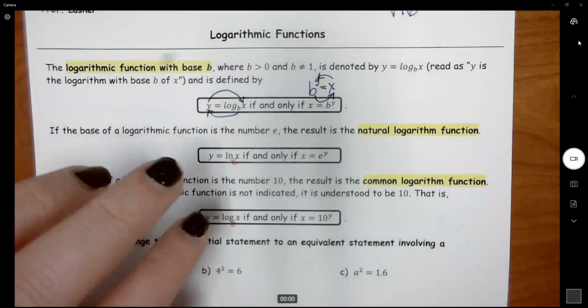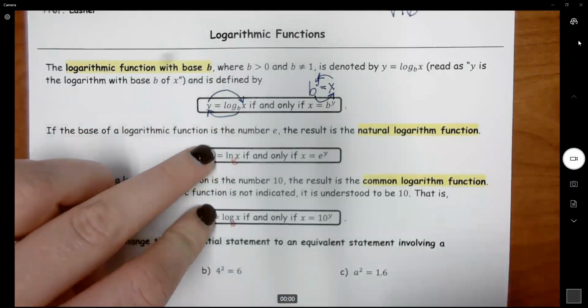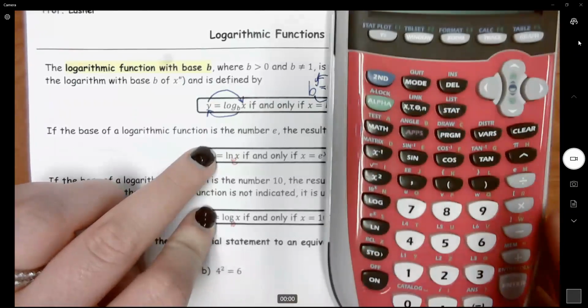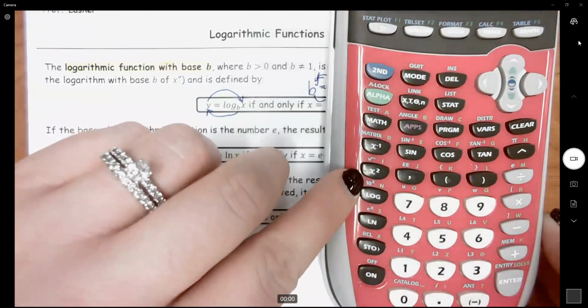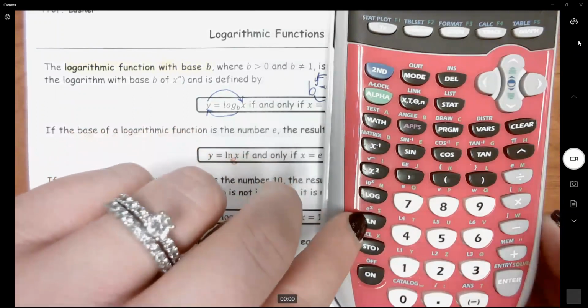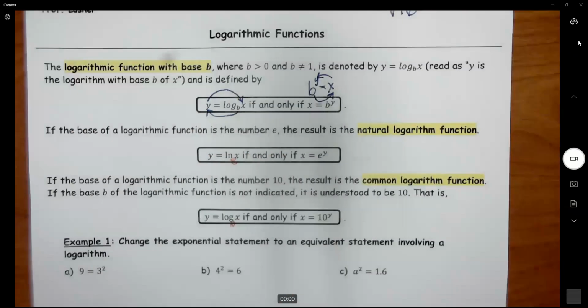It takes slightly more buttons, a little bit more work, but these are already buttons on our calculator here. This is your common log and your natural log, and if you notice, their inverses are right there. Here's your 10 to the x power, which is the inverse. And your natural log is e to the x power, which is its inverse.